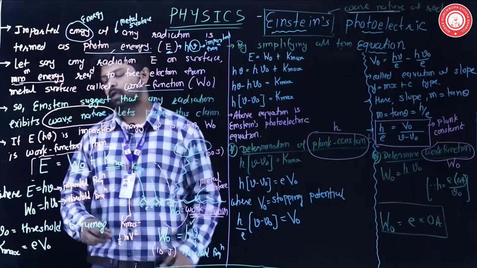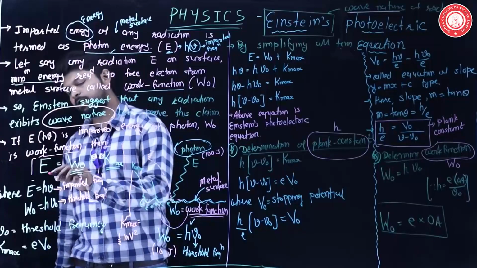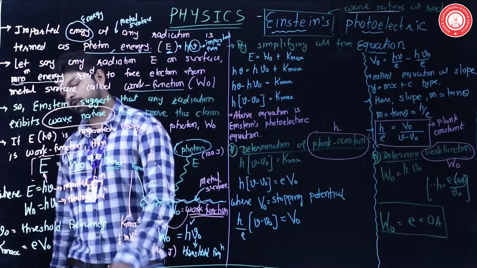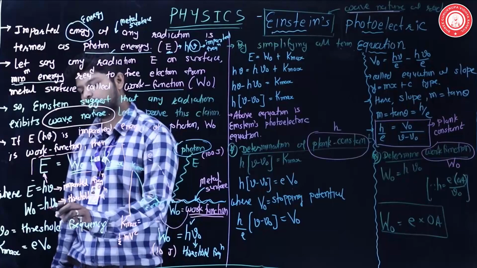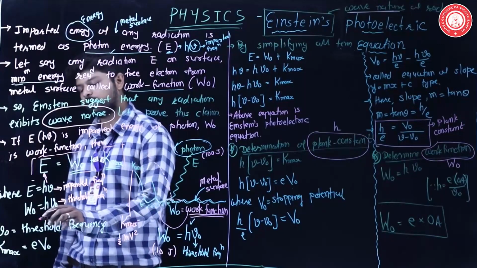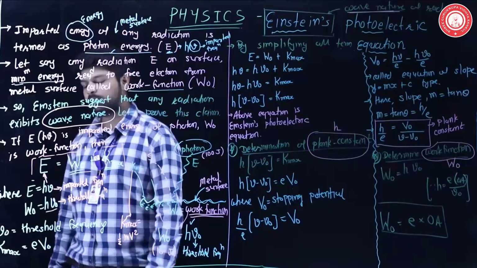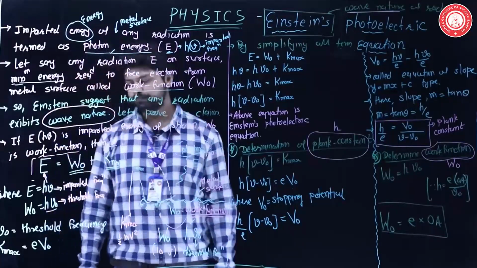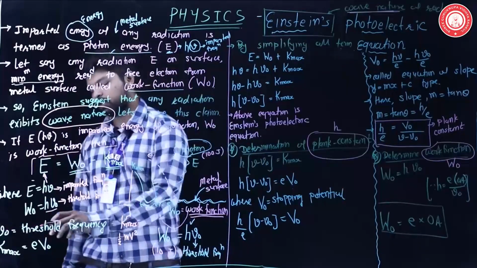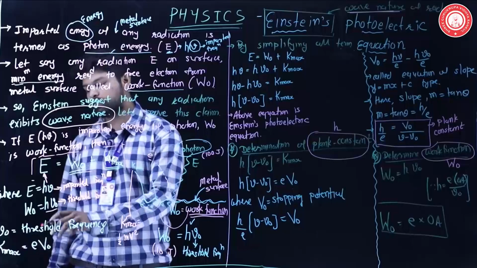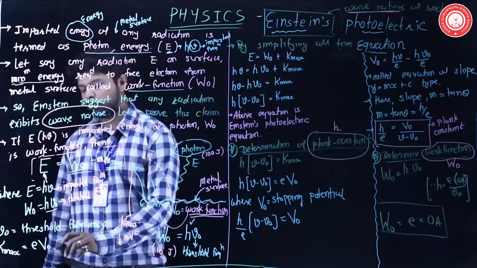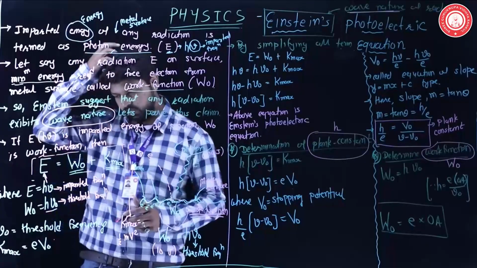See, E is my hv. I would like to put this value hv in place of E over here, and put hv0 in place of the work function. Kmax will be as it is. v0 is the threshold frequency. Kmax is equal to eV0. What do you mean by Kmax equals eV0?